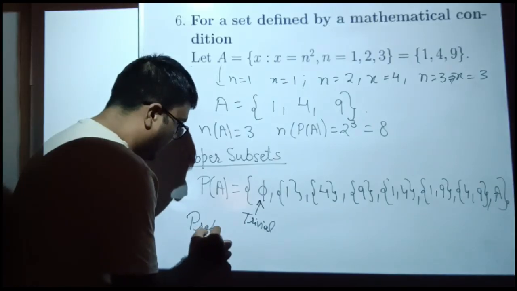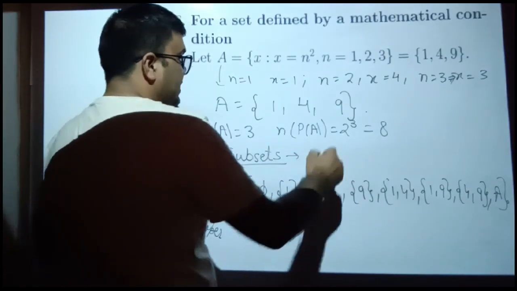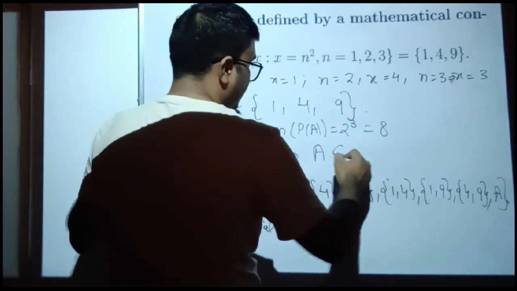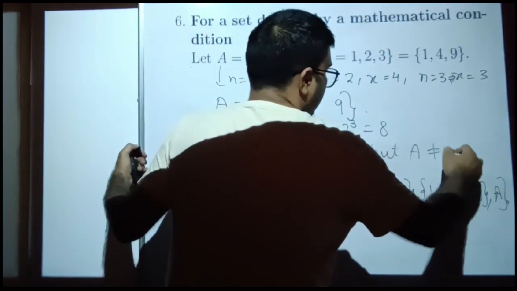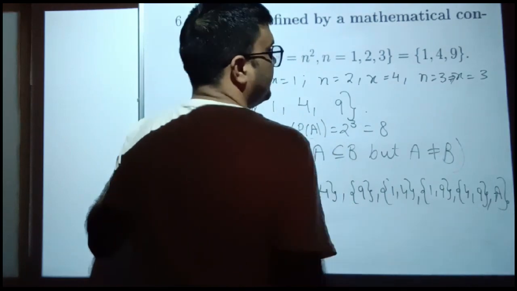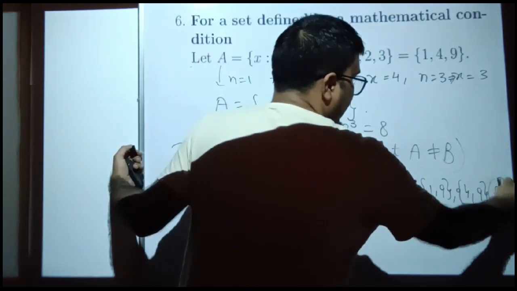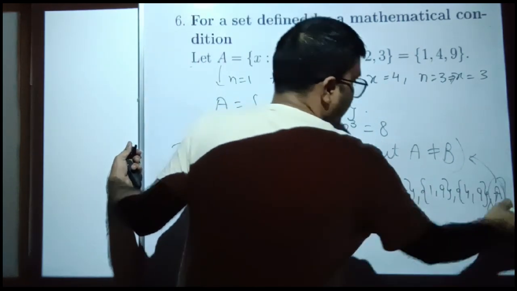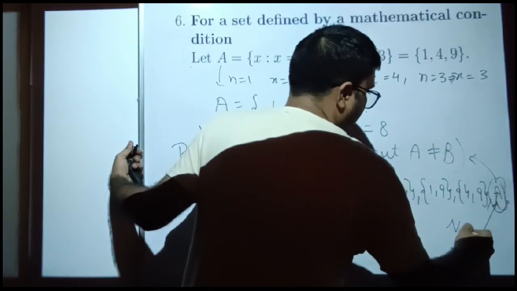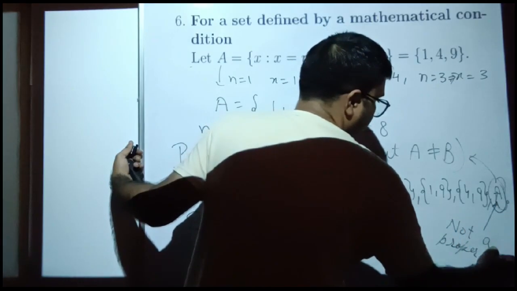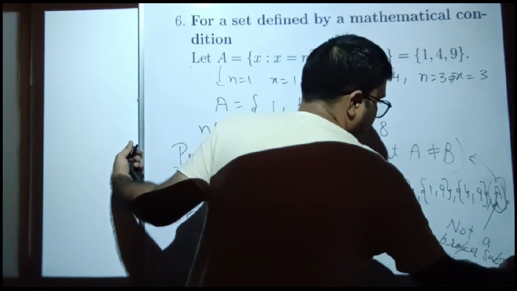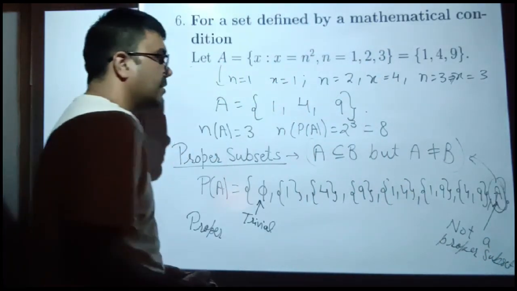When I say proper subset, the definition is: A is a subset of B, but A is not equal to B. The set A itself satisfies this condition of equality, so we say A is not a proper subset.